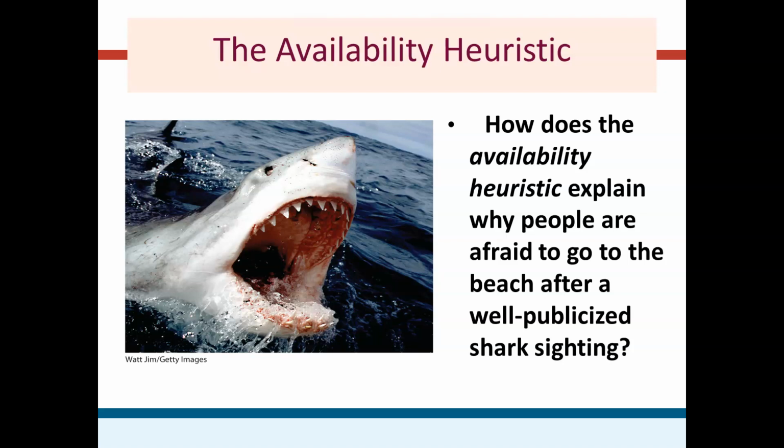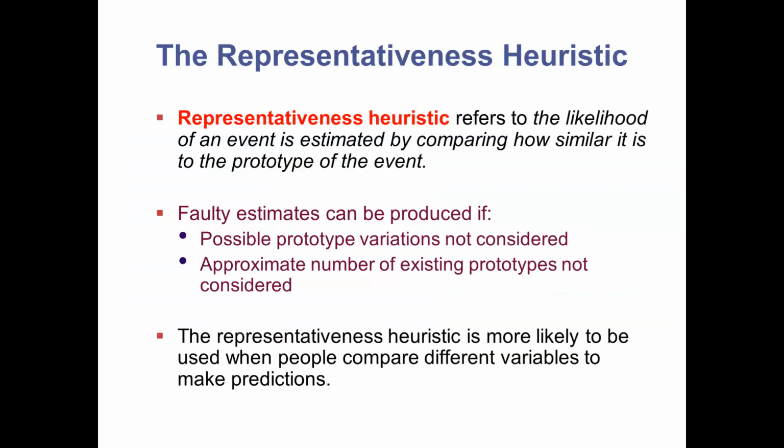Well, that's because that was the most recent conversation they have engaged in, and so they use that heuristic to make the decision: "Hey, I'm not going to go to the beach. There are sharks there, and I saw that on the news."